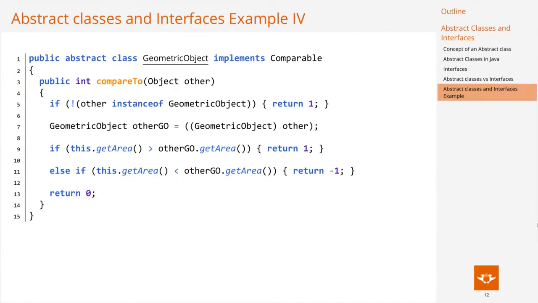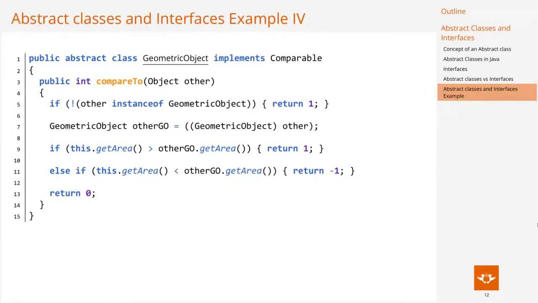So if you look at the code, obviously this is inside of the geometric object class. There's obviously other things before this, but we're looking at that specific method. In there you can see compareTo with the other object, and let's go back to line 1 first. Implements Comparable. That's implementing our interface. Then on line 5, the first thing we do is check, is our parameter an instance of geometric object?